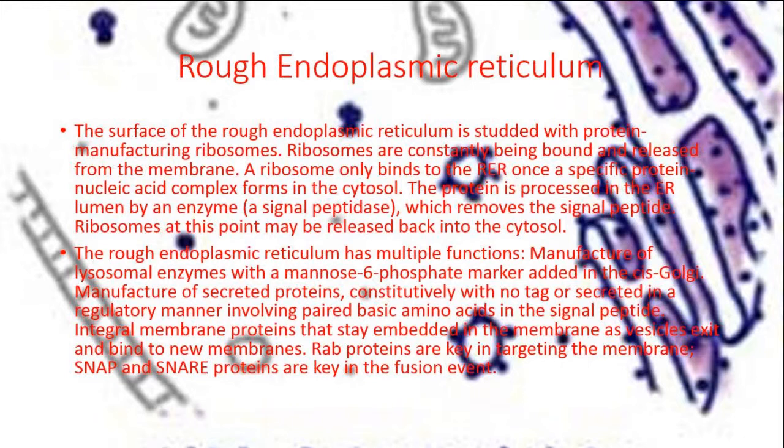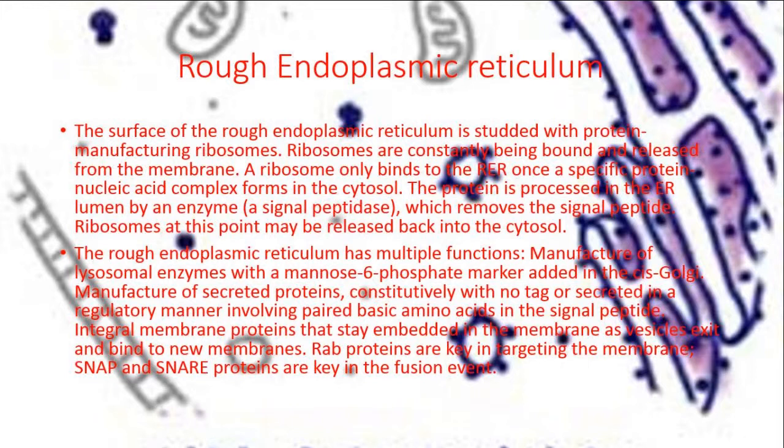The rough endoplasmic reticulum has multiple functions, such as manufacture of lysosomal enzymes with a mannose 6-phosphate mark added in the cis Golgi, and manufacture of secreted proteins, either constitutively with no tag or in a regulated manner involving paired basic amino acids in the signal peptide. There are also integral proteins that stay embedded in the membrane; vesicles exit and bind to new membrane.